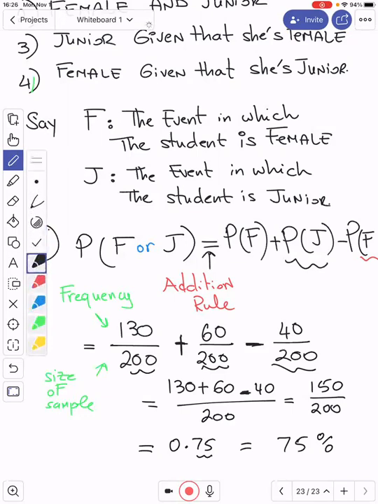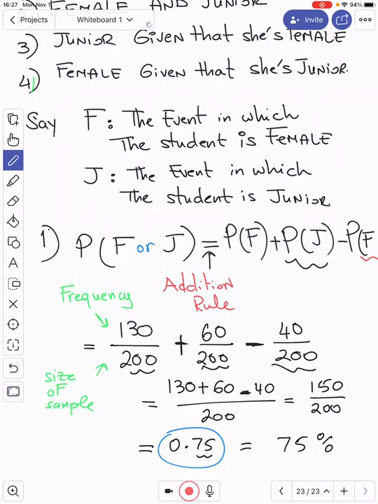And as you can see, this is 0.75, a number between 0 and 1, less than 1. Any questions, guys? So you see how we apply the addition rule? F or J: probability of F plus probability of J minus probability of F and J.